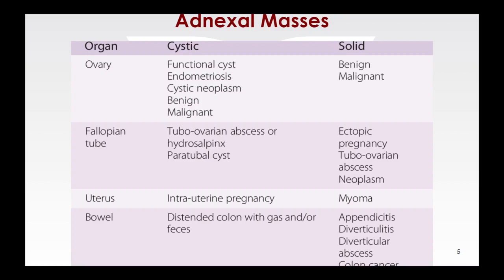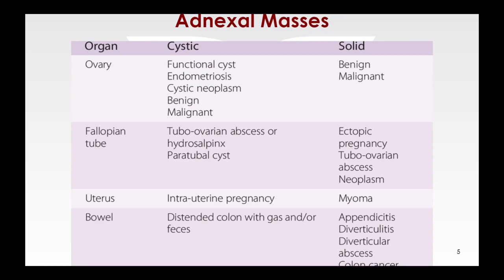Those are cystic, so something that you feel that may be fluctuant, mobile. We'll discuss in just a few minutes how to determine if something is functional, non-functional, simple or complex as far as cystic structures.